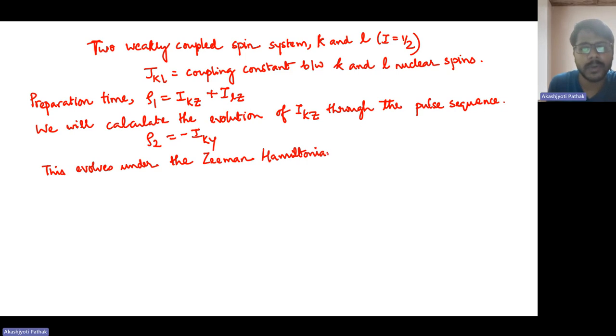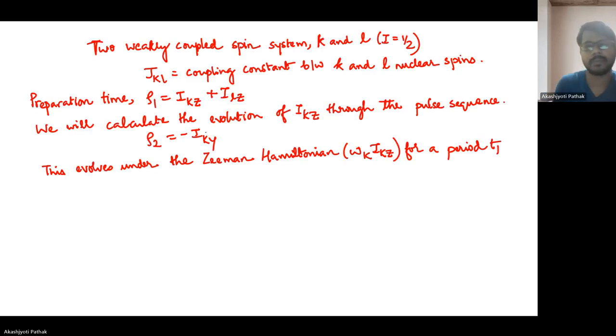I looked into this concept of Hamiltonian, how you follow the density operator conventions and write this. So under this Zeeman Hamiltonian, omega k IKZ, for a period t1, this will yield the density operator rho 3.